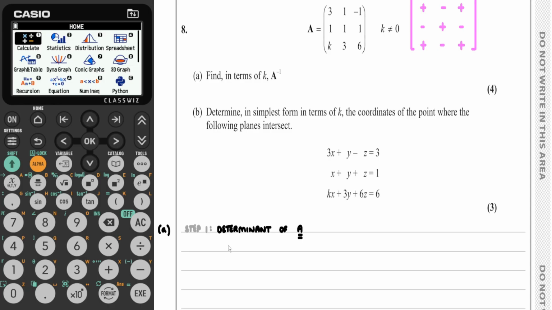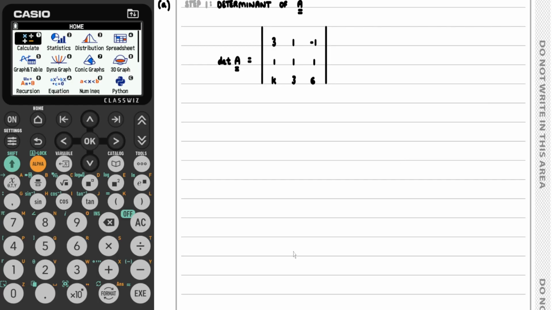The first step is to find the determinant of A. The determinant of A is shown here. If I expand along the first row, we have positive 3 multiplied by, well, I cover this row, I cover this column, and I take the determinant of what's left over, 1, 1, 3, 6.